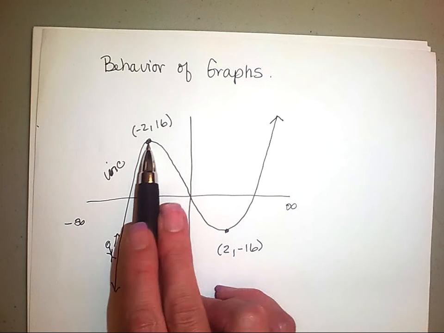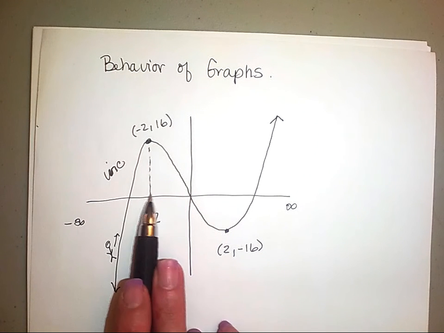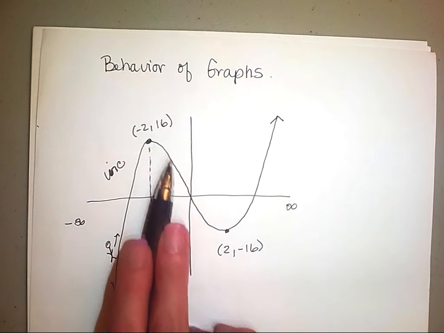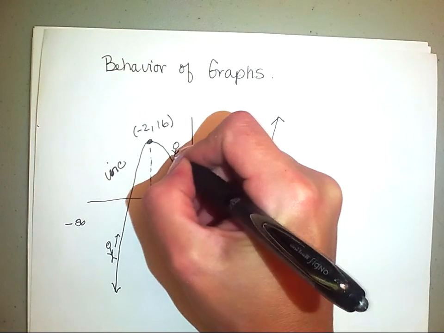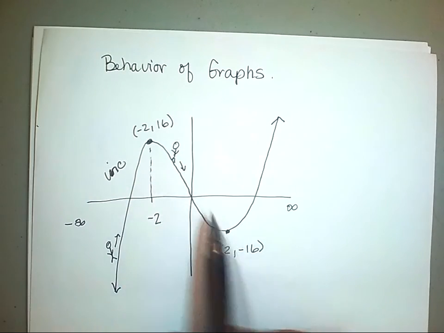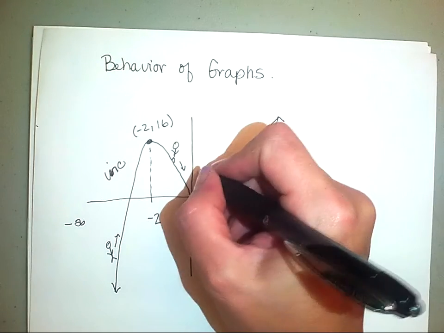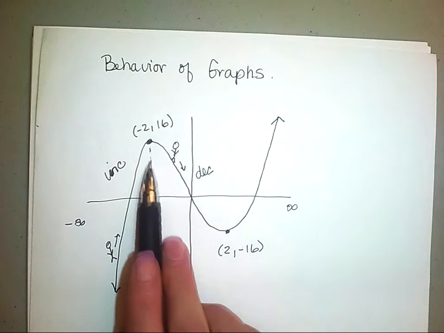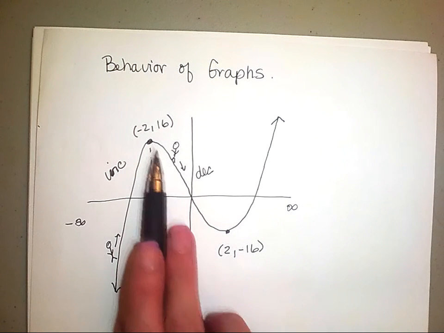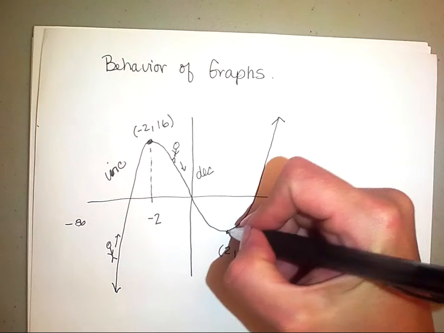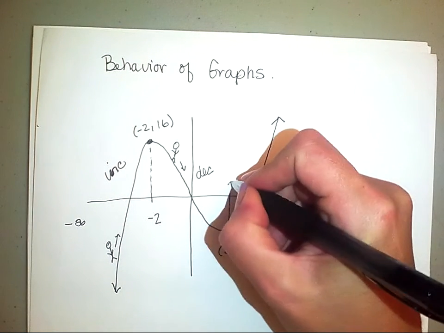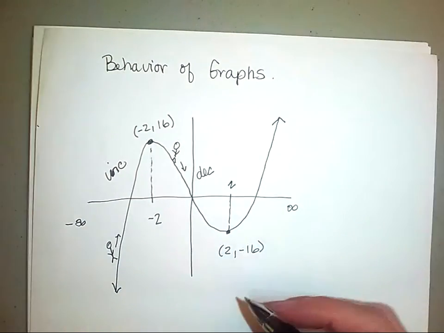and it increases up until that value in the domain of -2, and at -2 it stops increasing. And in fact, at this point, it's neither increasing nor decreasing, because for a split second, it's just hanging in the air. You could imagine a ball for gravity. And then after this value in the domain, the graph starts decreasing. Okay, so you could imagine then that you are walking down.